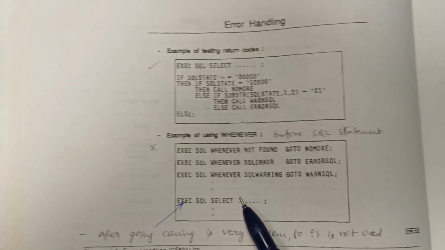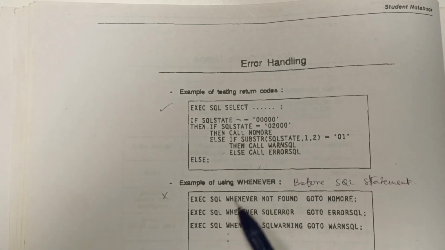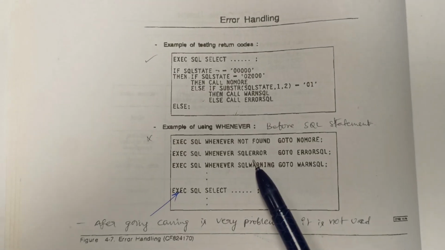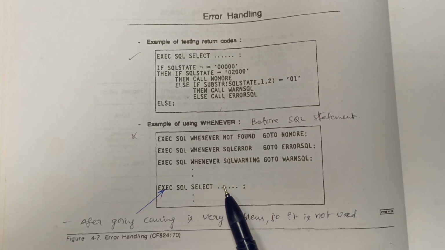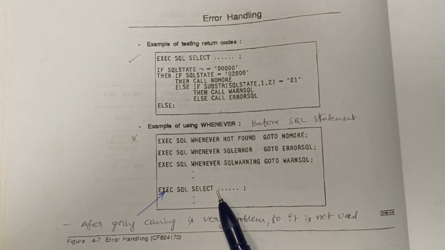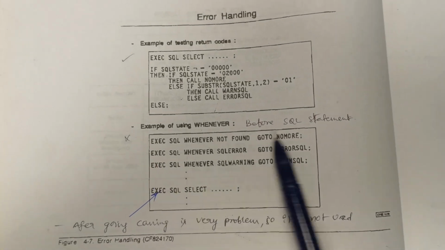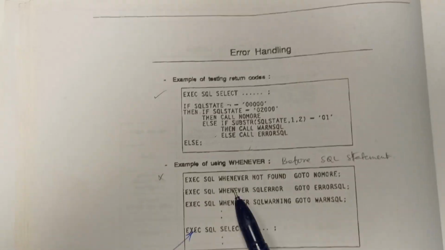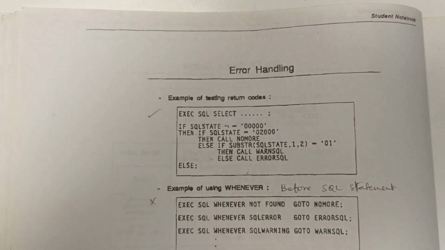We can do this by using the whenever condition, but most of our programs, 99%, use only this SQL statement. I have not seen any program currently using the whenever statement; I think the previous DB2 versions used it. We check the SQL return code using only this format.